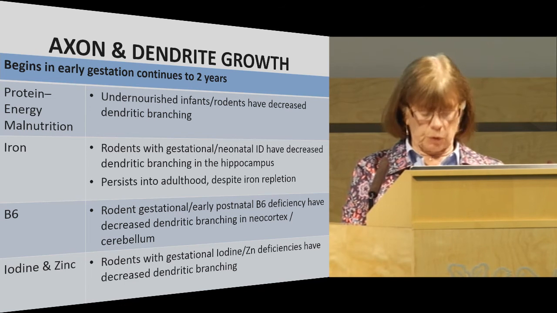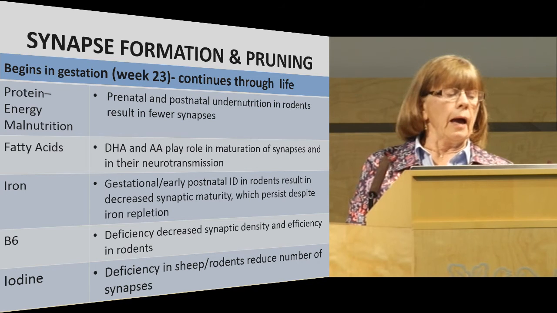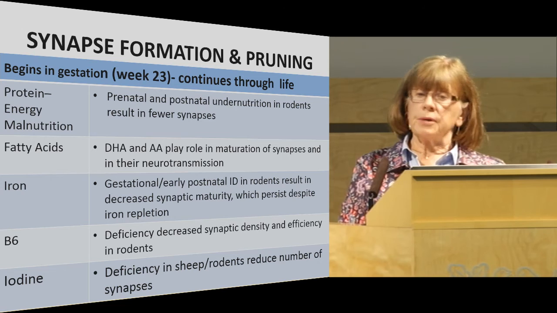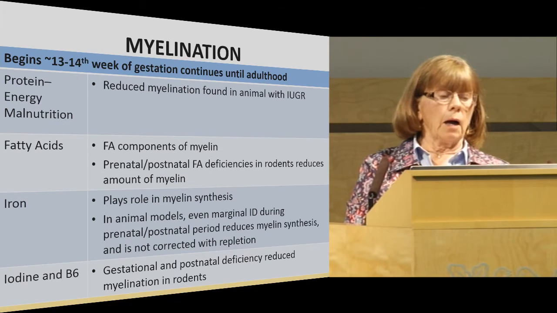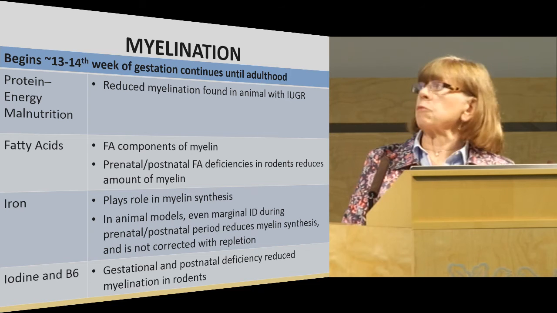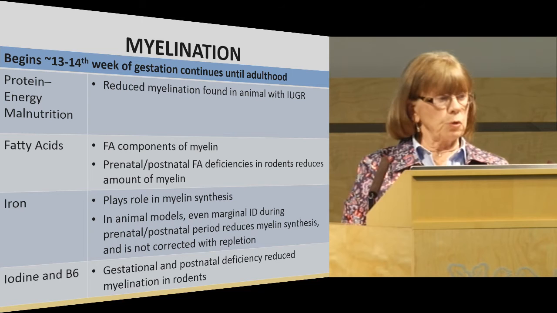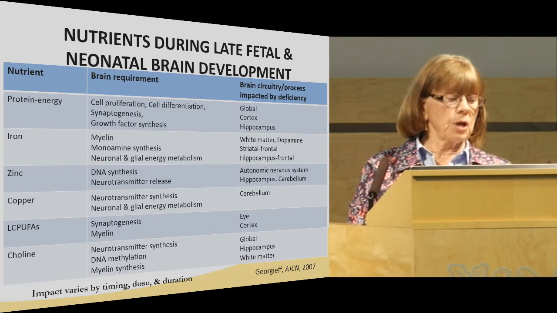So this is the first 1,000 days. When we look at synapse formation and pruning, again, we see some of the same nutrients that are necessary during this time. We look at myelination, and this, of course, continues much longer, but again, some of the same nutrients that are necessary during this period of time.